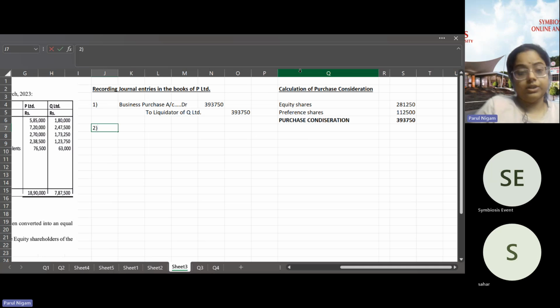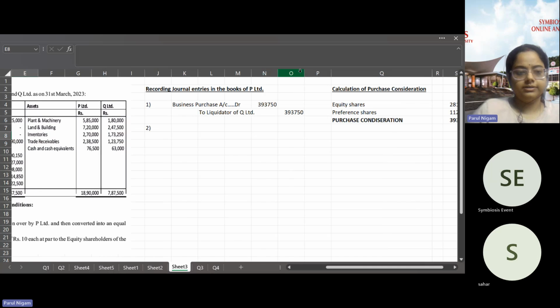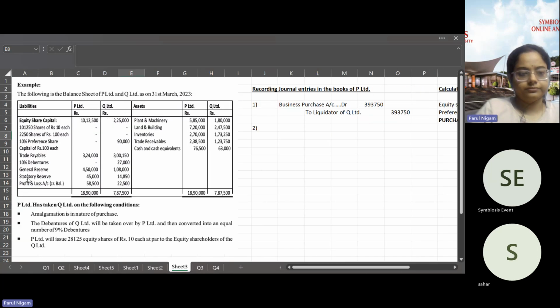Then the second entry, when you take over the assets of Q Limited. You can see the assets over here: plant and machinery, land and building, inventories, trade receivables, cash and cash equivalents. All the assets, and then liabilities: 10% debentures, trade payables. First you have to write all of this.